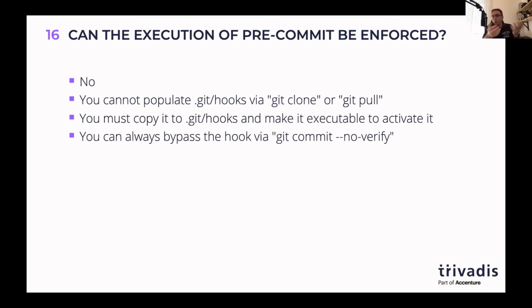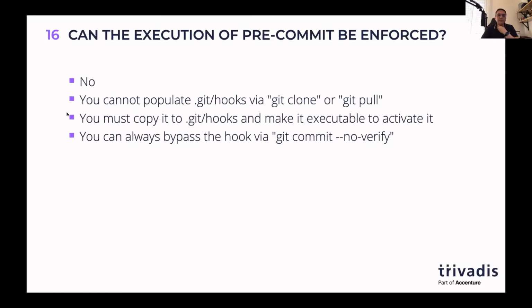This will populate it by another procedure. By default, there are only some examples stored there, but you have to copy the hook yourself into this directory and make it executable. So this is a security measure. It makes sure that nothing vulnerable will be executed. So that's important to know.